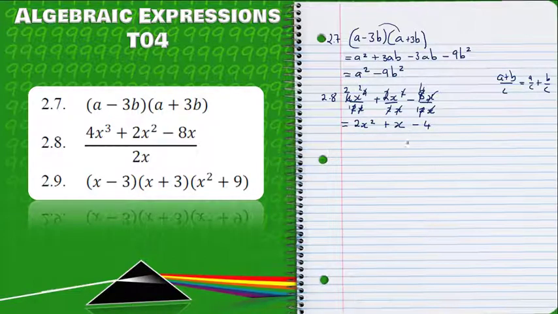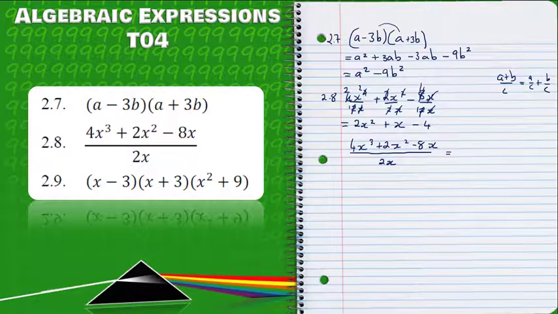Alright, now let's see how we do the same sum but with factorization. This is for in case you have done factorization already, since you will start it in grade 9. Now we have 4x cubed plus 2x squared minus 8x over 2x. So now we factorize this top part.